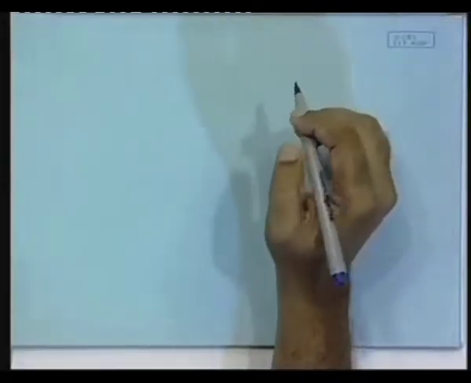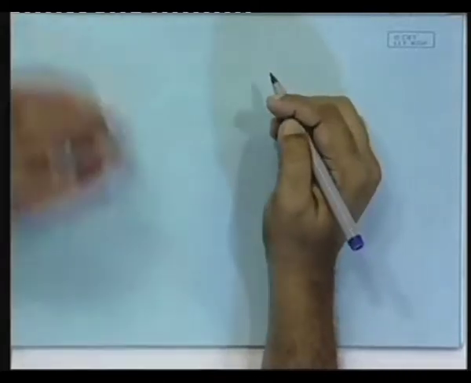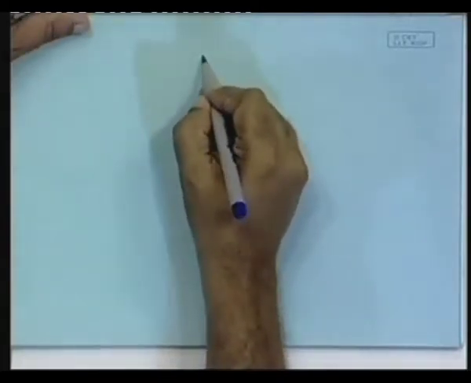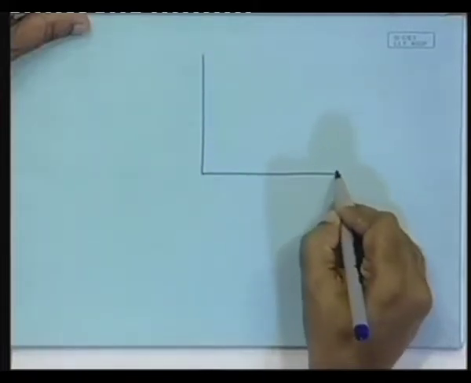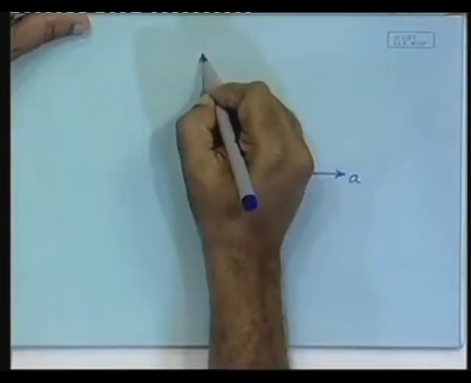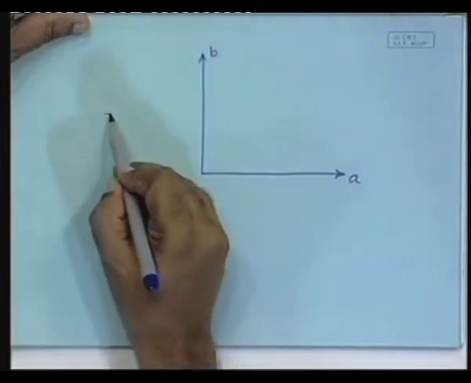In the last class we proceeded up to the point where we divided the A B parameter space into boxes.